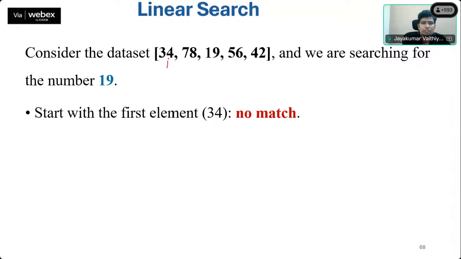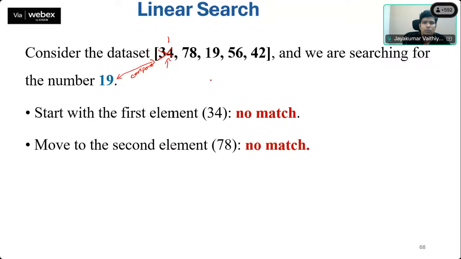We search the first element, 34. We compare the given element 19 with 34. If it is matching, you need to return position 1. This is not matching, so what are we supposed to do? You need to move to the next element. Now you compare 19 with 78.